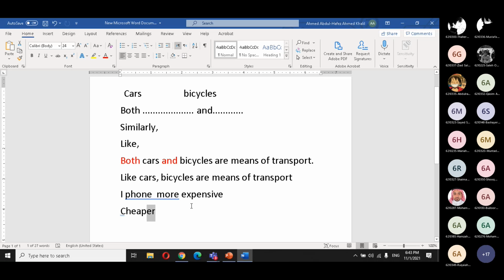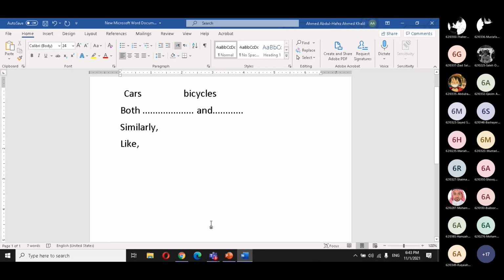I want to teach you this using although. Although means despite. We use although to join two sentences.